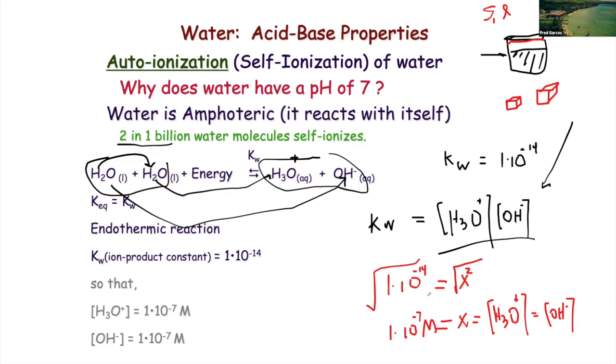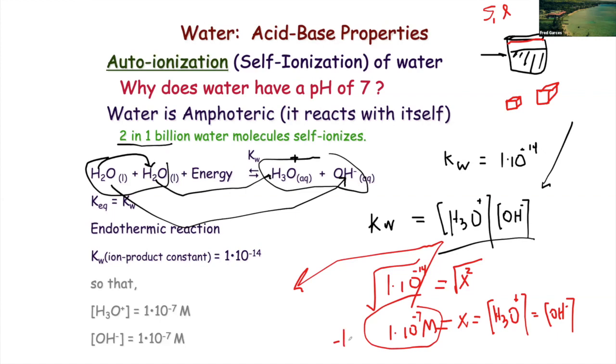Okay? Now this number is intimidating to the general public. So what scientists do is we say, okay, let's make this number less intimidating to the general public. And the general public doesn't have to know this, but you do.